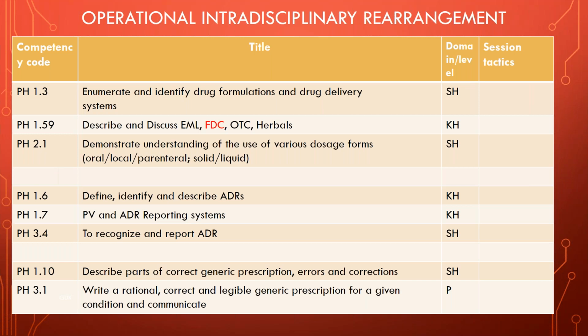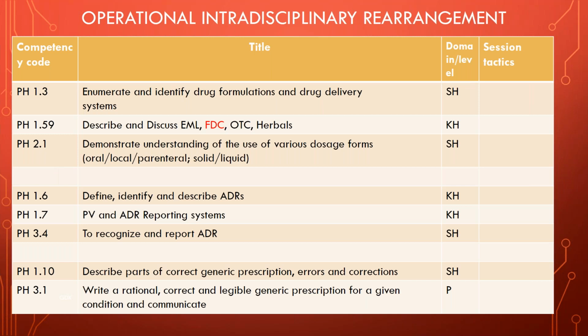So there are actually three sub-competencies or components in different competencies, and domain and level is SH, KH, and SH. Therefore, while preparing the SLOs, common SLOs can be prepared for these three. This will reduce the number of SLOs and less work will be required.